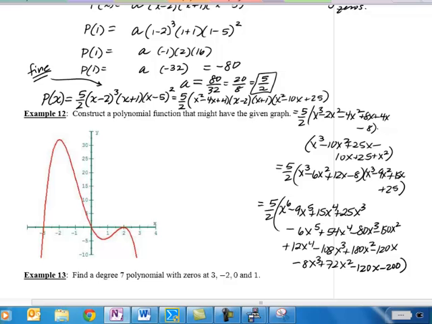X cubed, that's okay. Negative 9x to the 5th plus 15x to the 4th plus 25x cubed, that was fine. Negative 6x to the 5th plus 54x to the 4th minus 80. Nope, that's going to be 90 instead. 60 plus 30, so 90x cubed. And negative 6 times 25, that's minus 150x squared.